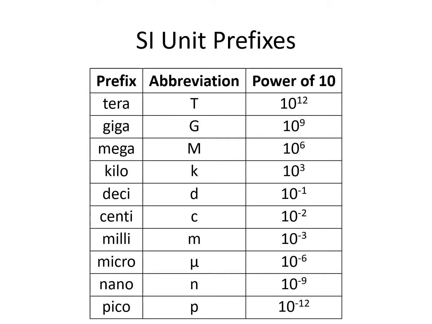To change the magnitude or size of our units, we will add prefixes. We can write out the whole word, such as picometers, or we could use an abbreviation, such as pm, in which the p stands for pico and the m stands for meters. The prefixes which make a unit the largest are at the top of this chart, and the prefixes which make a unit the smallest are at the bottom of this chart.